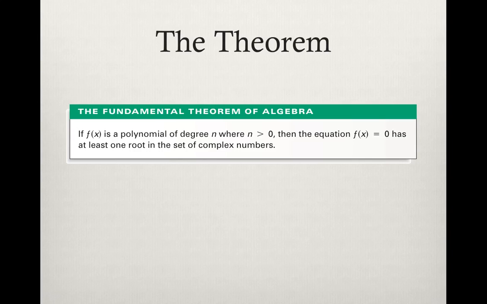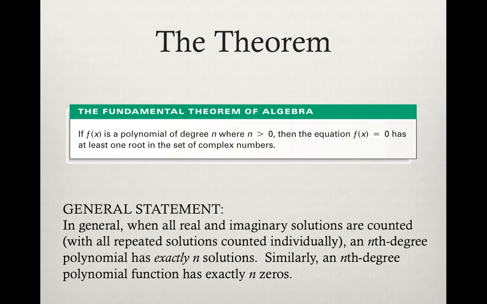And even if we extrapolate from that a little further, the general statement that is based on this fundamental theorem is that when all the real and imaginary solutions are counted, with all repeated solutions counted individually, then an nth degree polynomial has exactly n solutions.